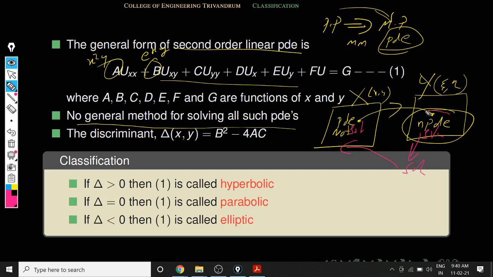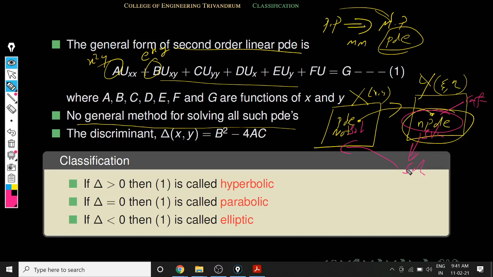So this new PDE is called the canonical form. You got the idea? So we have a PDE. Suppose it is not solvable, then we find a new PDE in two new variables. That is called the canonical form. Not in general, but sometimes this canonical form is much simpler than this one, and it is solvable.